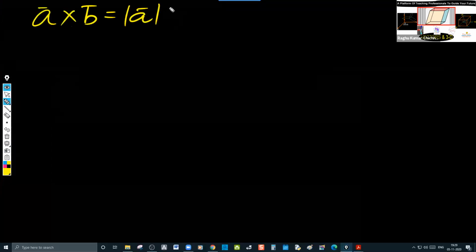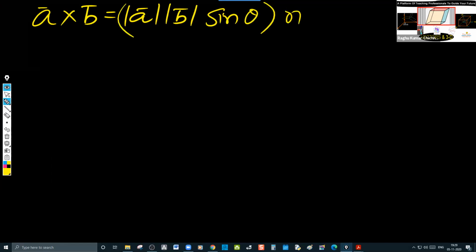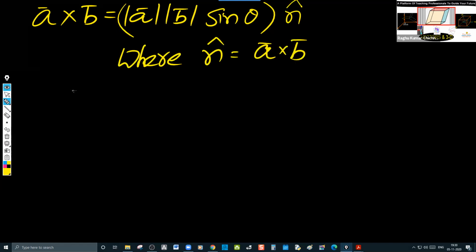Pranit, A bar cross B bar is equal to modulus of A bar into modulus of B bar into sine theta into n cap, for the vector product, where n cap is a unit vector in the direction of A bar cross B bar.